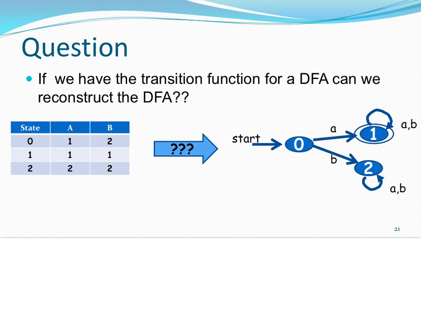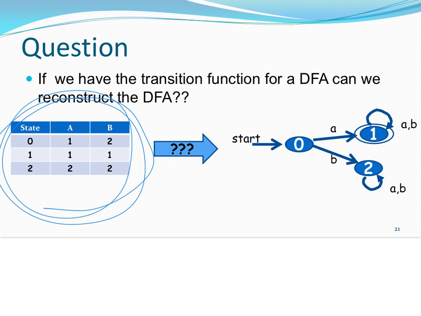So, next question. If the only thing that I give you is this transition table, can you turn that into a DFA? And the answer is no, you can't. Because nobody says that the smallest numbered state is where you start. We never agreed to that.